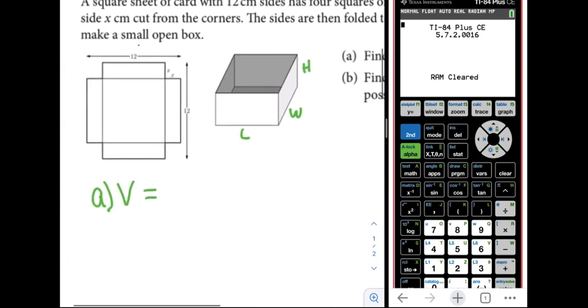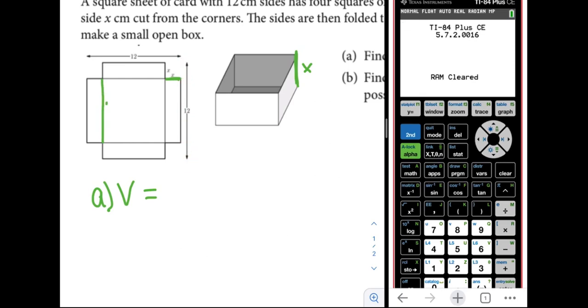Let me zoom in here. So we have the height of our box is the value for x. So the height of our box is going to be the value of x. Next, if we talk about this side of our box, well, this side of our box is going to be 12 minus x minus x.